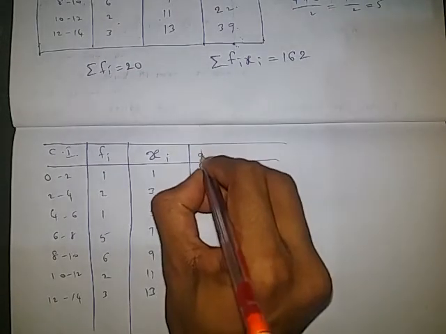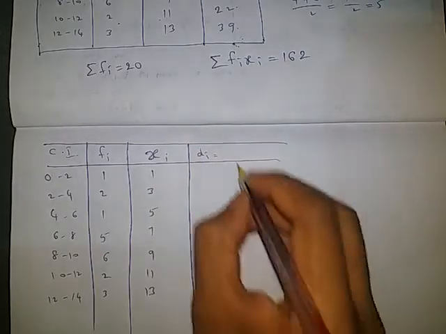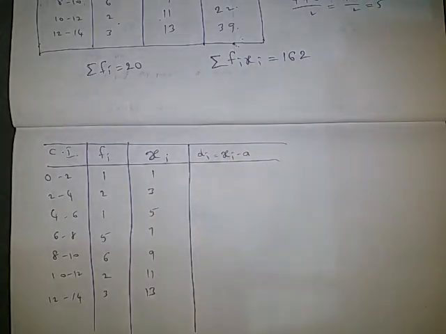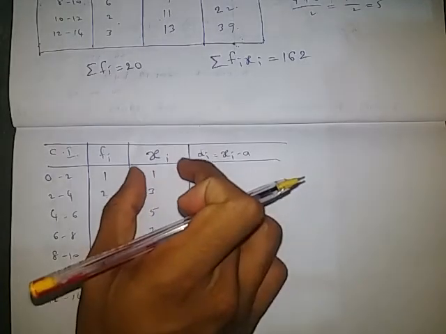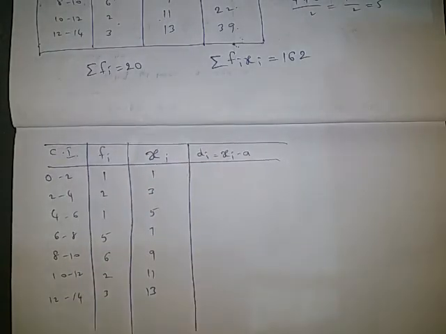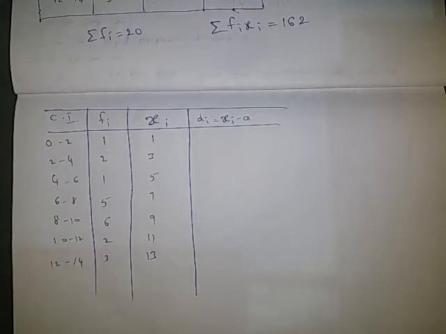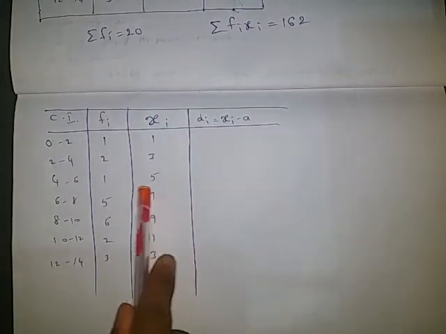Next, the fourth column is di. di equals xi minus a, where from the third column, the class marks column, you pick any number. Actually, some teachers will say that we need to take the middlemost number.